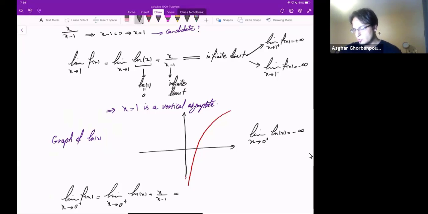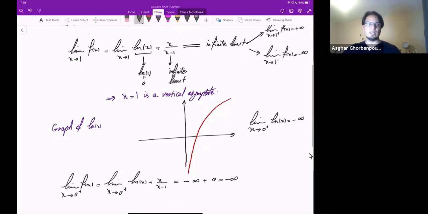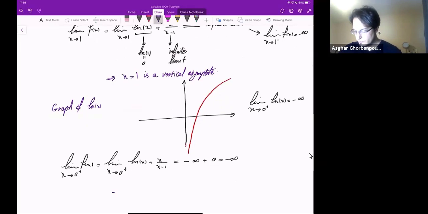And that, as you saw, will be negative infinity plus 0. Okay, negative infinity, that is what we have. So that means that's another vertical asymptote. So x equal to 1 is a vertical asymptote.